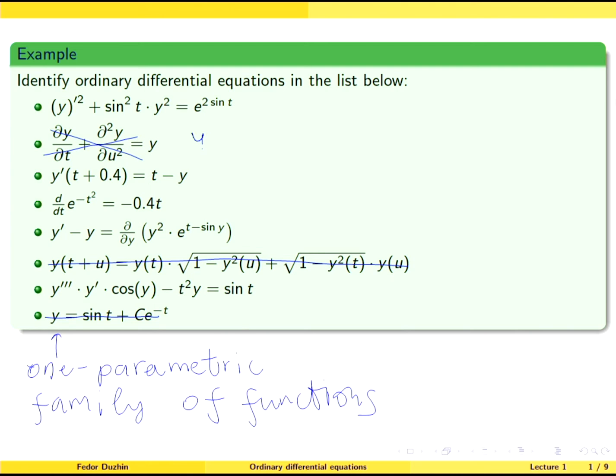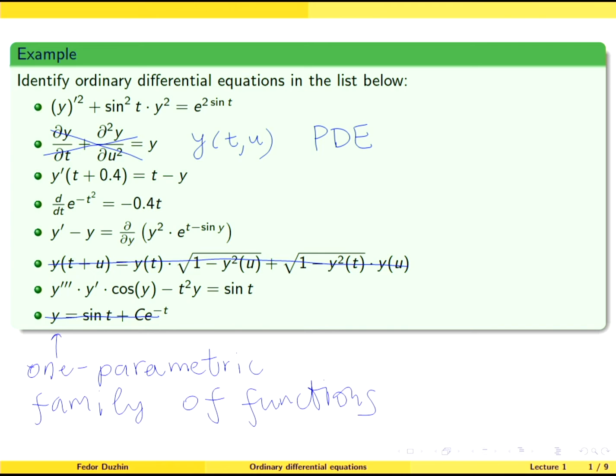So it means that the unknown function y is a function of two variables, t and u, where t and u are independent variables. And the equation here involves partial derivatives of the unknown function. Such an equation is called a partial differential equation, or PDE. So this is a partial differential equation.